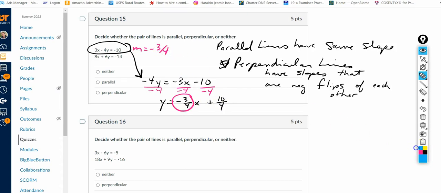Now let's look at the second line. So let's subtract 8x from both sides. And then let's divide everything by +6.